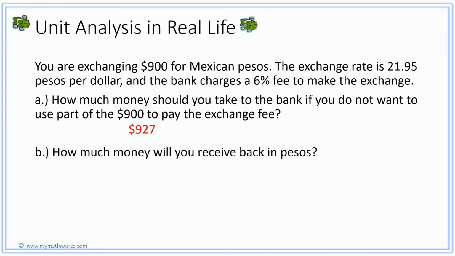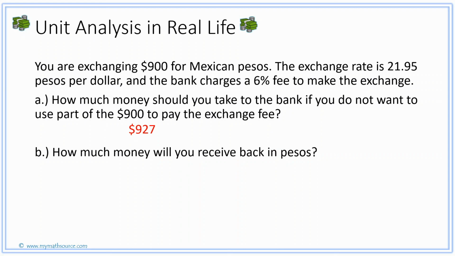So how much money will you receive back in pesos? So the bank keeps the $27. Now they're going to convert the $900. And how much money would that be? Well, it's pretty easy, as you just say it basically how you read it. You have $900, changing it to Mexican pesos, which is 21.95 pesos per dollar.